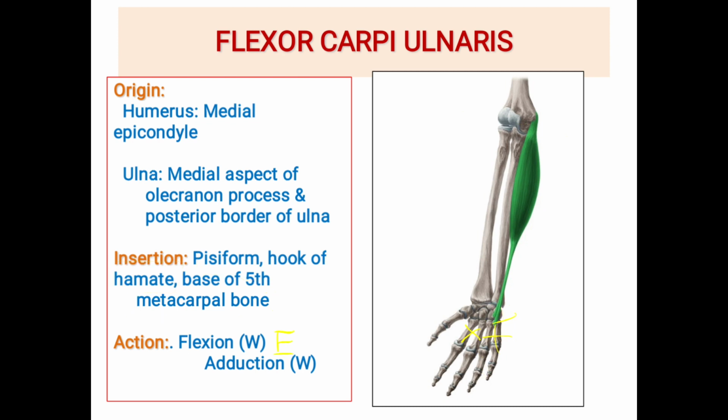So flexion of the elbow and flexion of the wrist. And aside from that, we have adduction of the wrist. So a while ago, when you say radial deviation, RD, that is abduction of the wrist. But when you say ulnar deviation, that is adduction of the wrist.